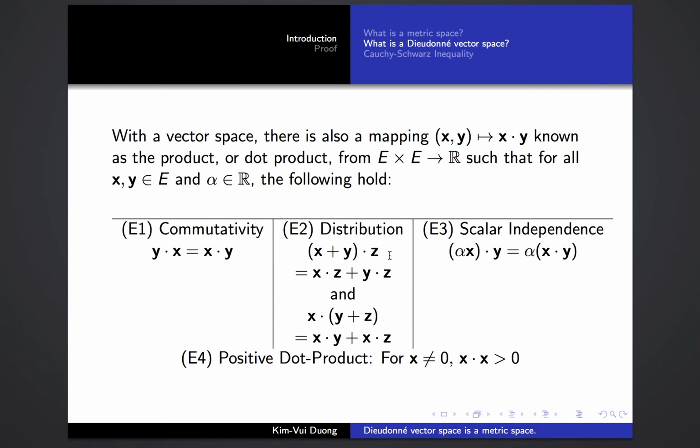You've got right side distribution and left side distribution. E3 is scalar independence, so if you have alpha x dot y, it's the same thing as dotting x and y first and then multiplying by alpha. And E4 is the positive dot product. So for any vector that's not the 0 vector, x dot x is going to be greater than 0.